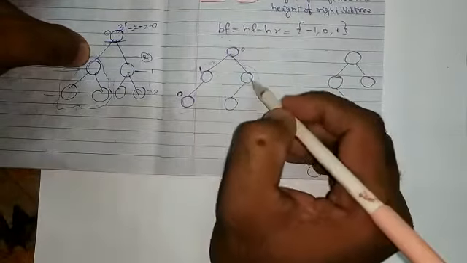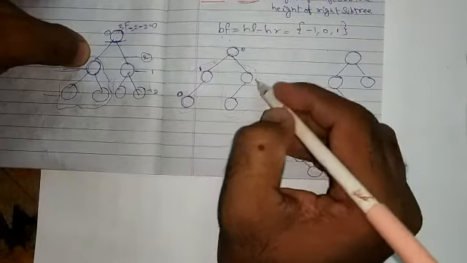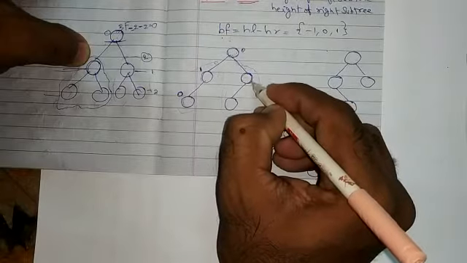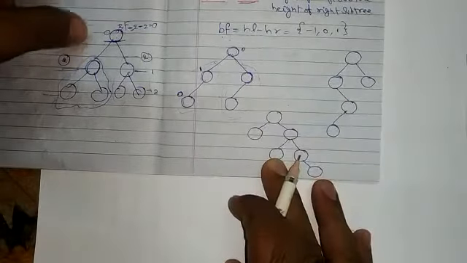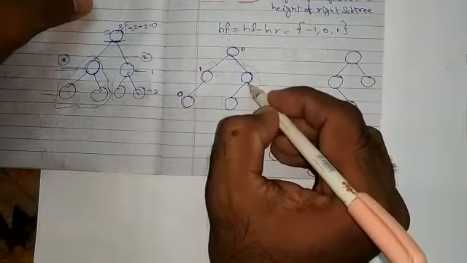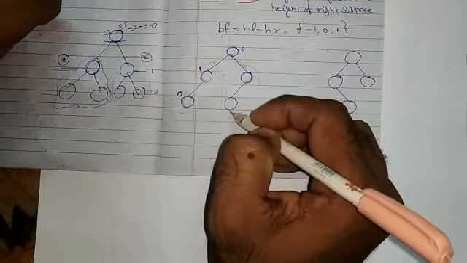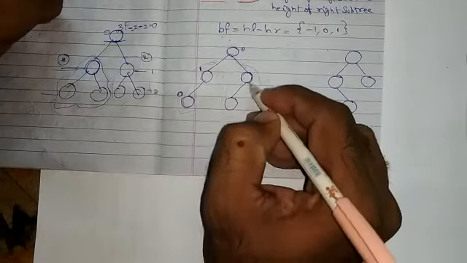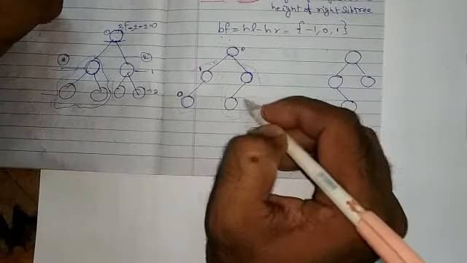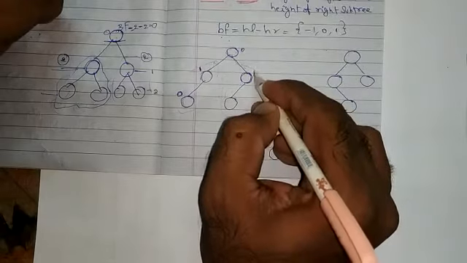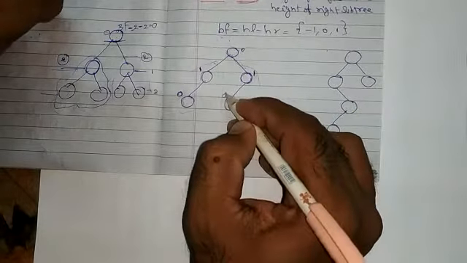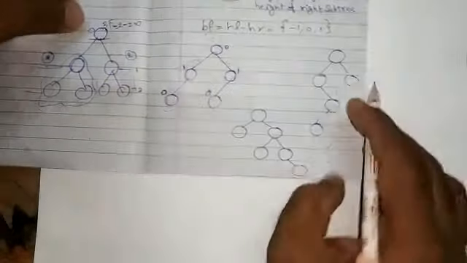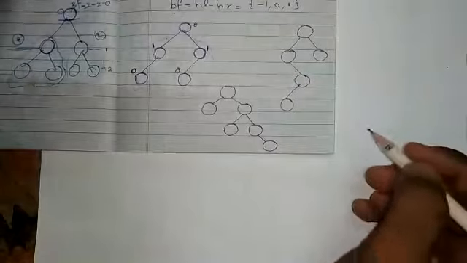Now see here, the balancing factor of this node: height of the left subtree is 1, there is no right subtree, so 1 minus 0, 1. Here 0, because there is no left and right subtree. 0 minus 0, 0. So now see here, this is balanced.